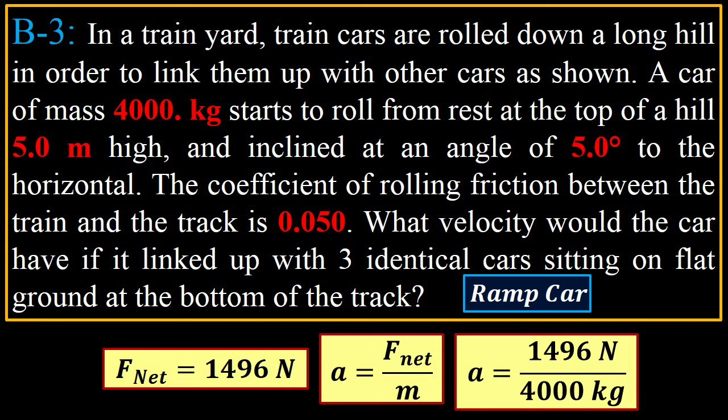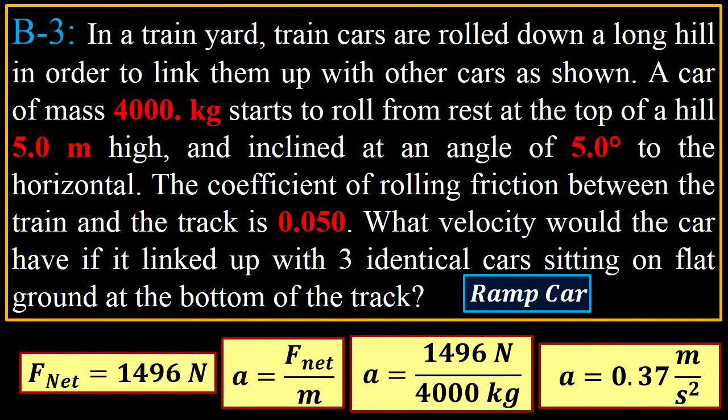Now, is there any way to calculate anything else? We have acceleration. What are you going to do? Think. We're talking about the ramp car. So the acceleration is 0.37 meters per second squared. I have the F net and the acceleration. So now what?